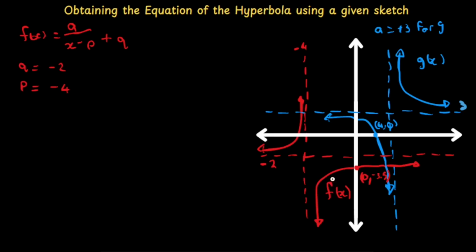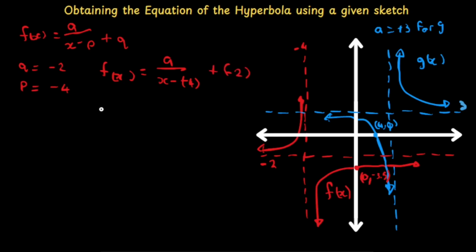We are now going to substitute these variables into the formula, and we are going to solve for the unknown variable in this equation, which would be the value of a. So if I'm substituting these values into my equation, I would get f of x is equal to a over x minus -4, substituting in -4 for p, plus -2.